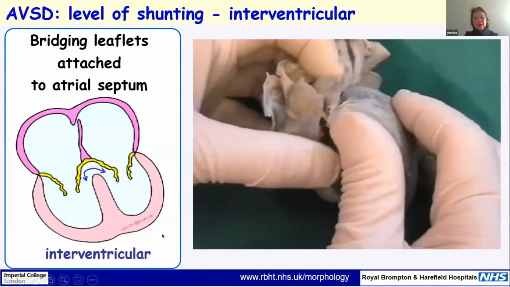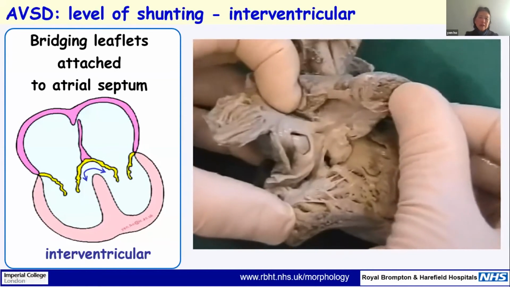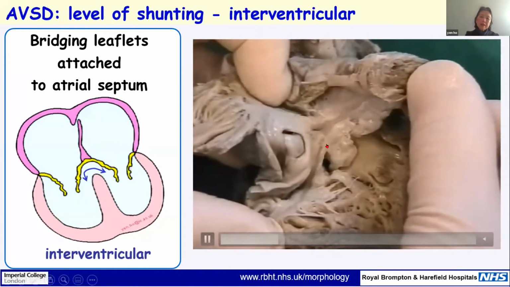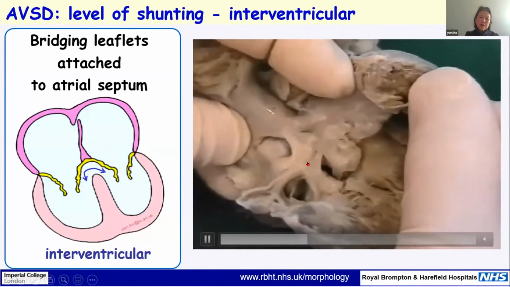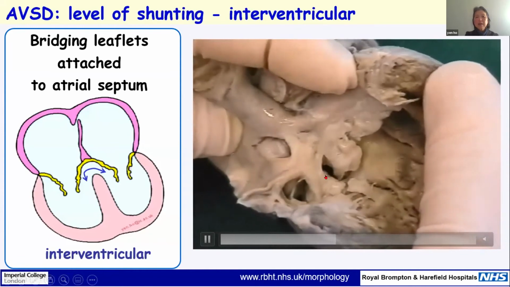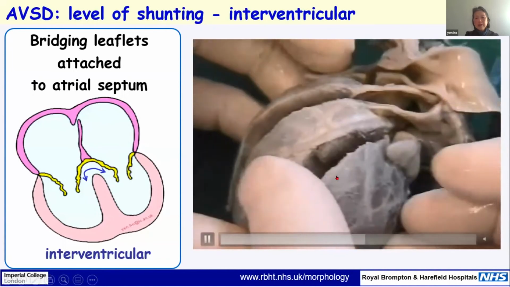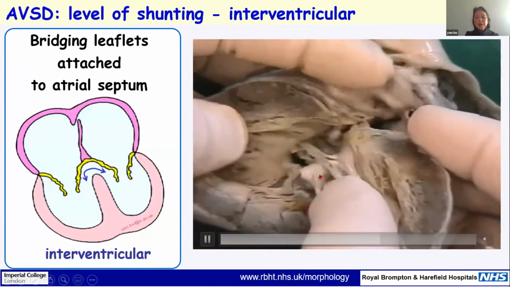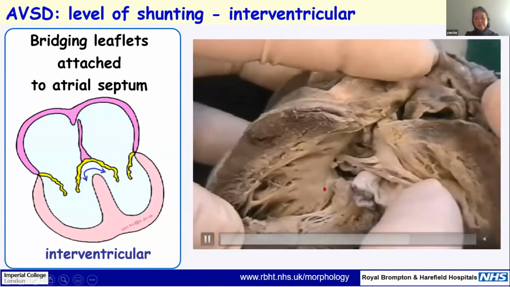And the final type of variant in terms of levels of communication is this type, whereby the leaflets are actually attached to the underside or the free edge of the atrial septum. You see the oval fossa, a large coronary sinus here, and we turn around to the left ventricular side here. Again, we see the superior and inferior bridging leaflet here.